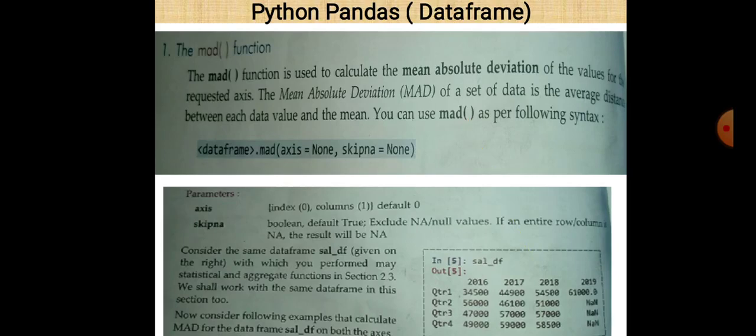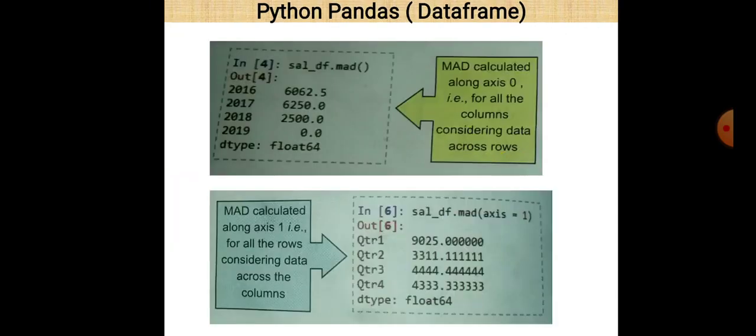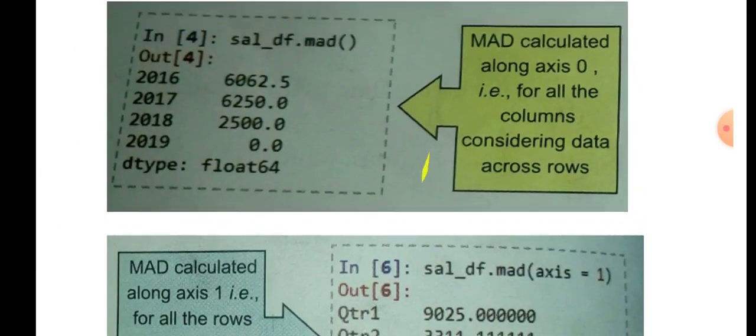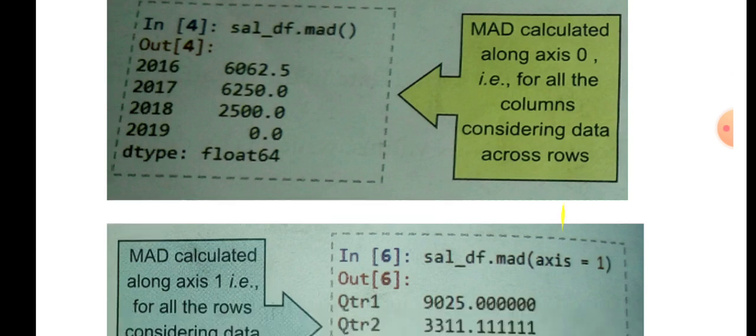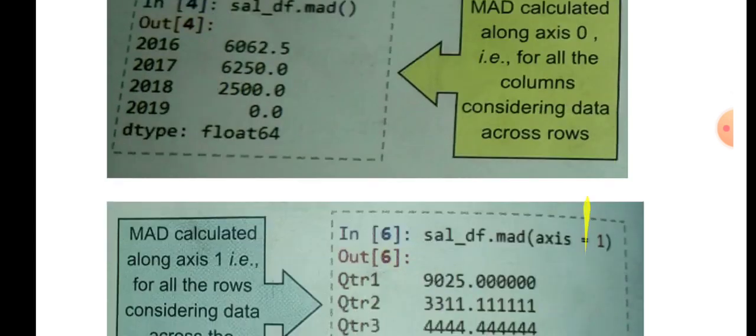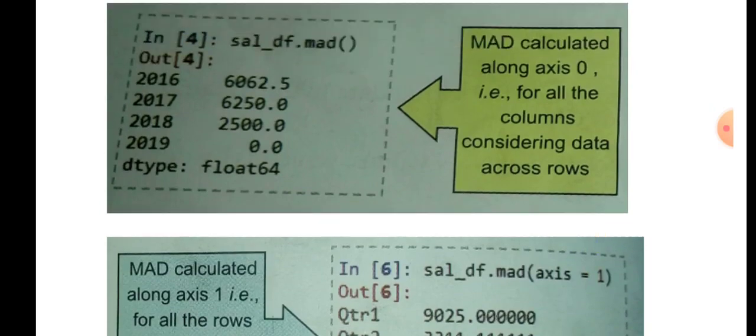So here you can calculate using the MAD function. First of all just find out the mean, and then take deviation from these values, and then you can easily find out the mean absolute deviation. So mean absolute deviation along axis 0 and along axis 1 are there.